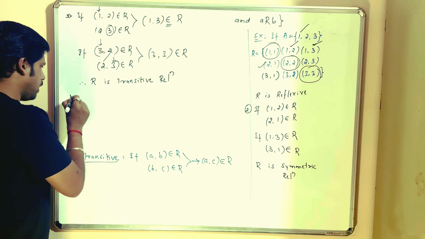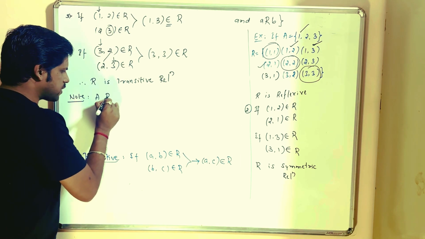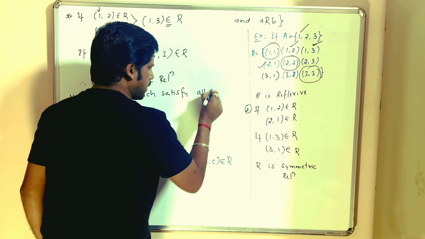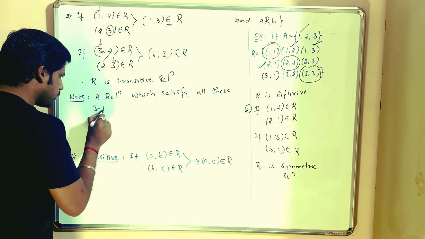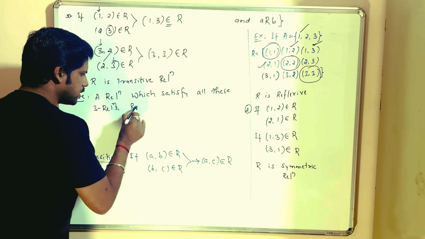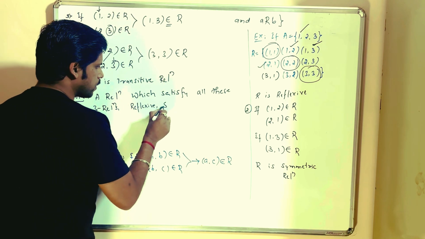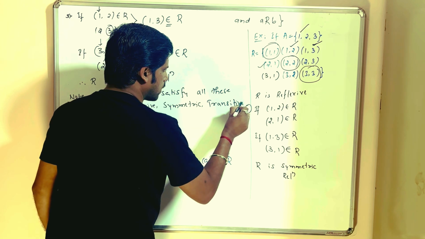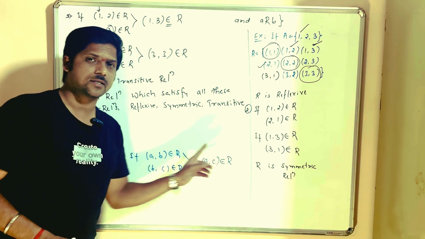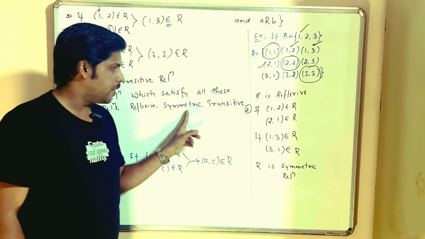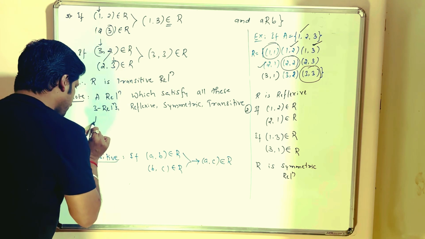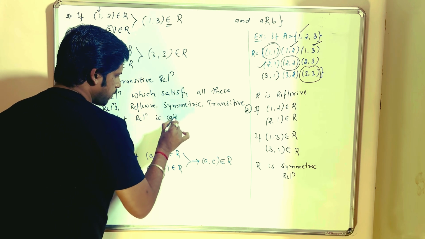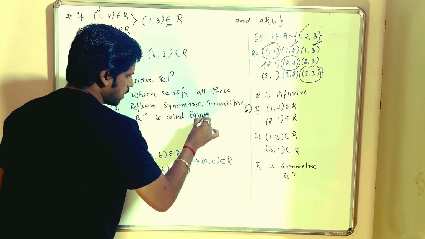See here, note: a relation which satisfies all these three relations, reflexive, symmetric and transitive, which satisfies all these three relations, reflexive relation, symmetric relation and transitive relation, then that relation is called an equivalence relation.